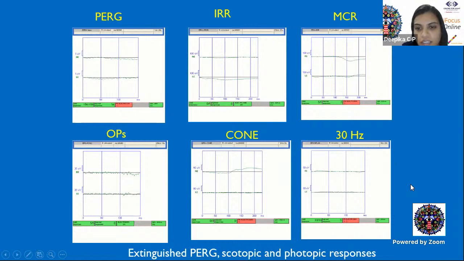So this indicates that in this patient of RP, both photoreceptors of the periphery as well as central cones are involved. So here the full field ERG along with pattern ERG is giving this message. If the patient had only peripheral involvement and the macula was spared, we could have seen some waveforms in the pattern ERG.